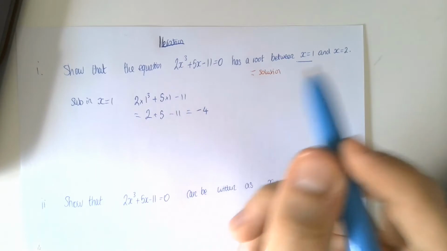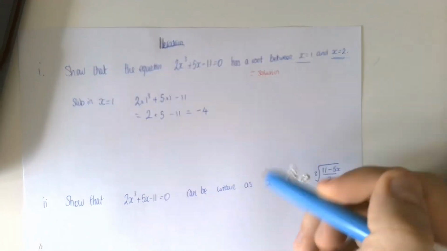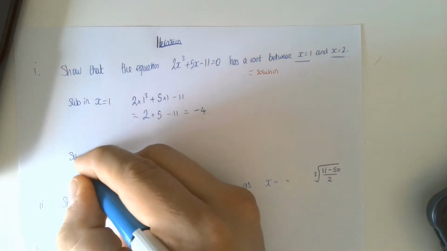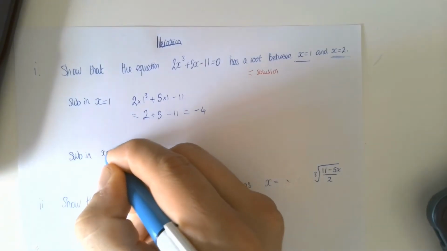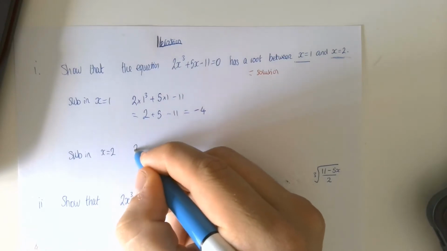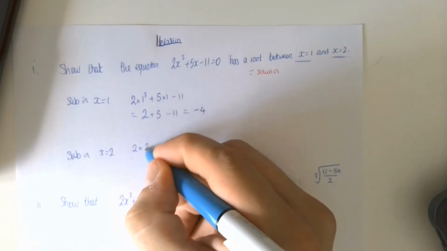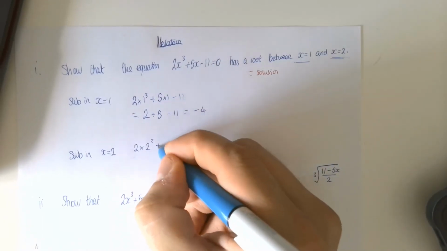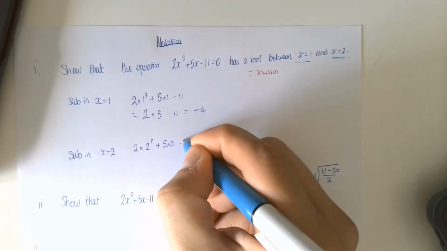Okay, and then what you're going to want to do is sub in your other value. Sub in x equals 2. Be really thorough, make a real point of doing the working out and writing it down to show you've got that answer yourself. So that is going to be 2 multiplied by 2 cubed plus 5 times 2 minus 11.